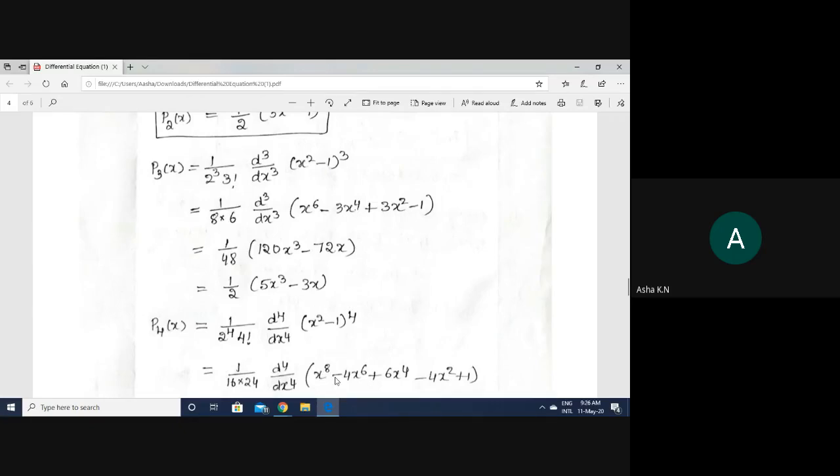So x square power 4 is x power 8. Next, nc1, so 4c1, which is 4. Then a cube is x square whole cube, x power 6, into b which is 1 here. Next we will have 4c2, which is 6, and then x square whole square is x power 4, b square is 1.